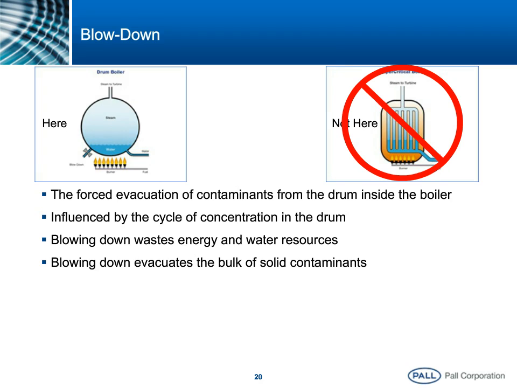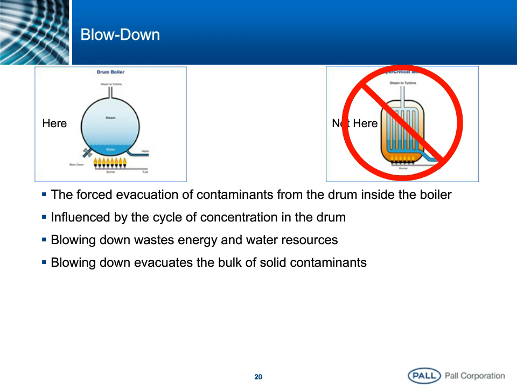But in doing so, you basically throw out this hot water that you spent money heating by using fuel, and you can hope to recycle it and clean it and bring it back to the system. Nevertheless, it's kind of wasteful. On the other hand, it does evacuate the bulk of solids contaminants.